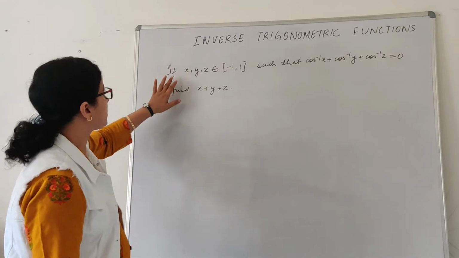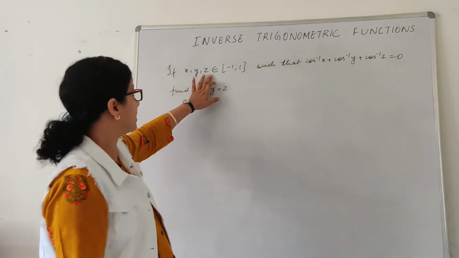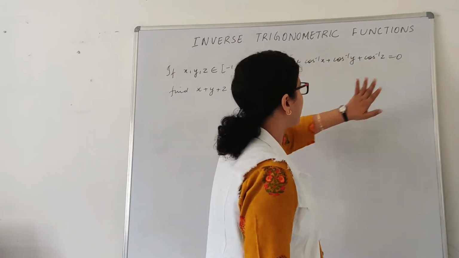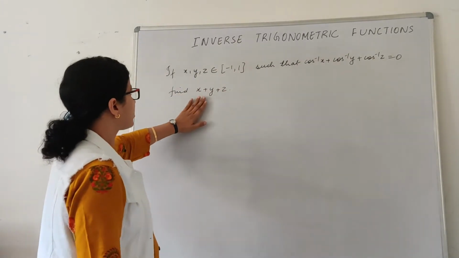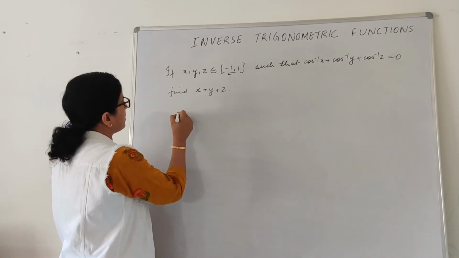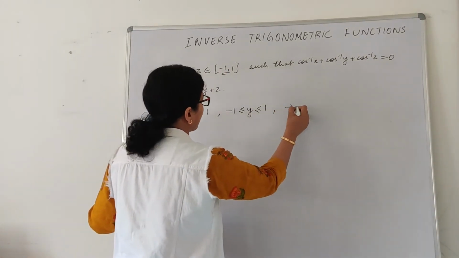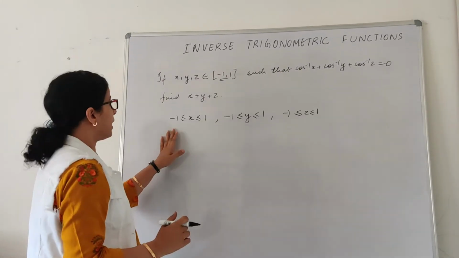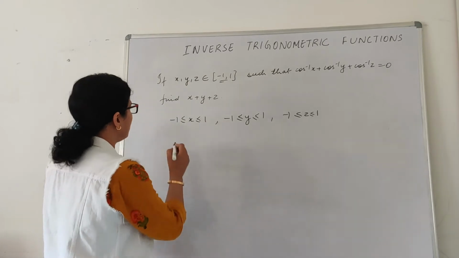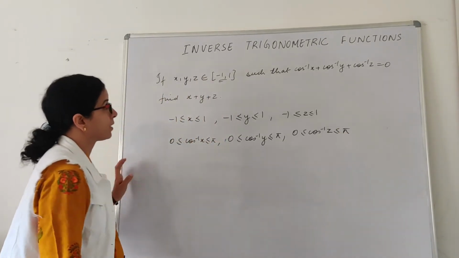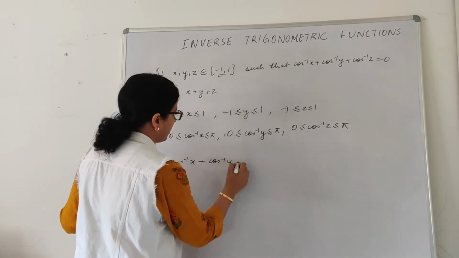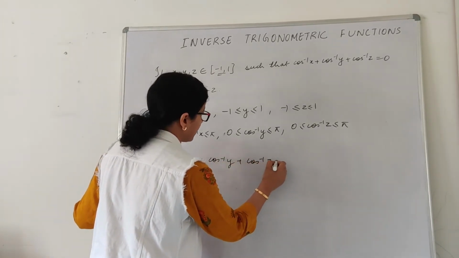Now my question is: if x, y, z belong to minus 1 comma 1 such that cos inverse x plus cos inverse y plus cos inverse z is equal to 0, find x plus y plus z. So x, y, z belong to this region, which is already provided to us. Cos inverse x plus cos inverse y plus cos inverse z is given as 0.